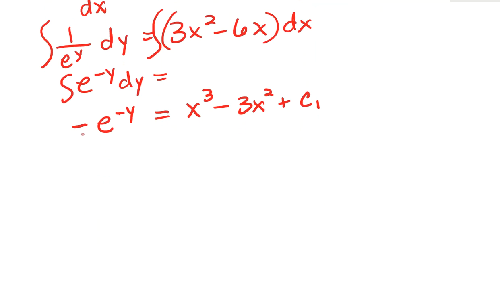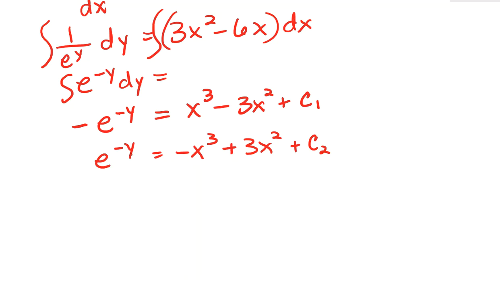Right away, I think I'll multiply through by a negative. And then I could change that to minus C1, but I think instead I'll just call it C2. So C2 is the opposite of C1.